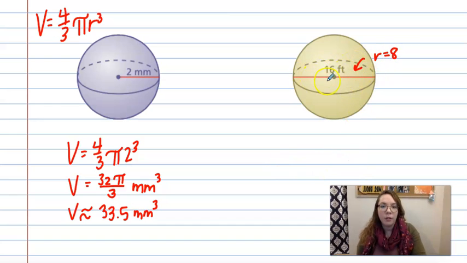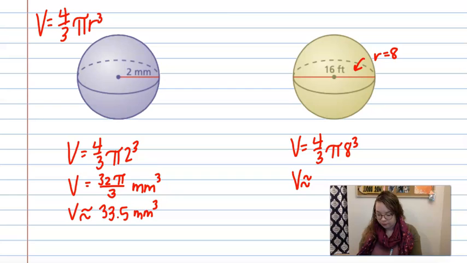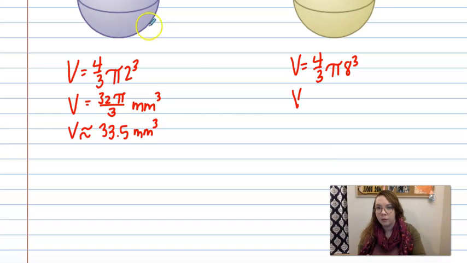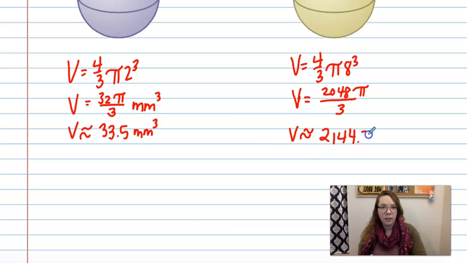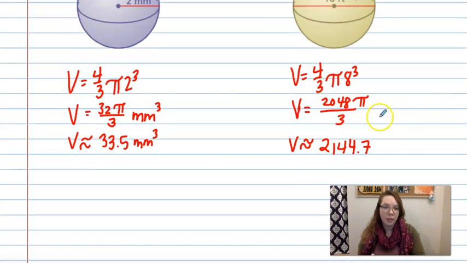So again, you've got to be careful on circles. Radius is only halfway across. So my exact form it gave me is 2048 pi over 3. And my approximate form is 2144.7 cubic feet.